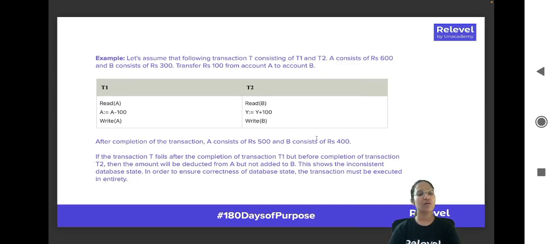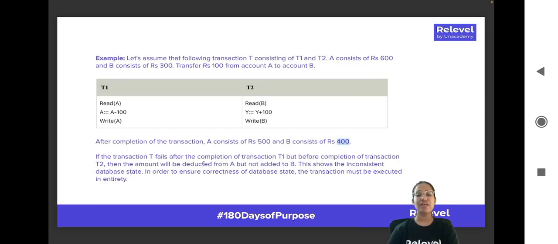Similarly, I will read account B, add 100 to it, and write down the updated balance in the database. After the completion of the transaction, A will have 500, because initially it had 600 and 100 got deducted, and B will have 400, because initially it had 300 and 100 got added.